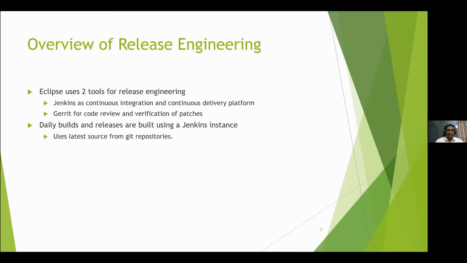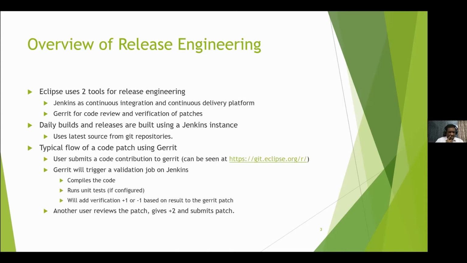We use it for daily builds using the latest source code, and we also use the same Jenkins instance for promotion after testing and verification. And this also does a lot of housekeeping tasks as well.